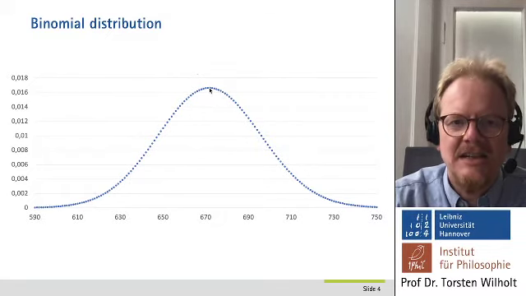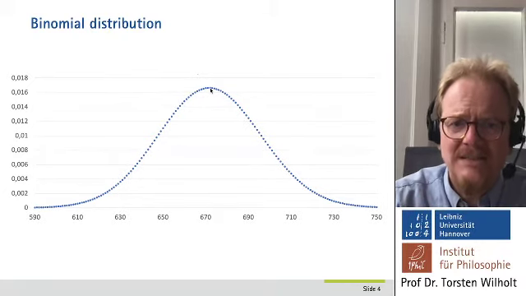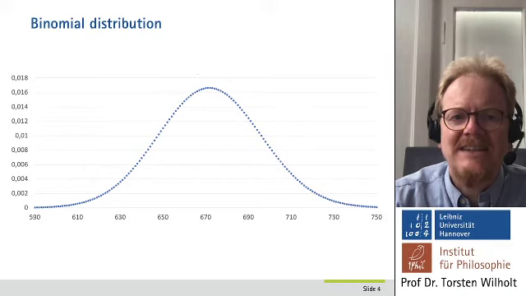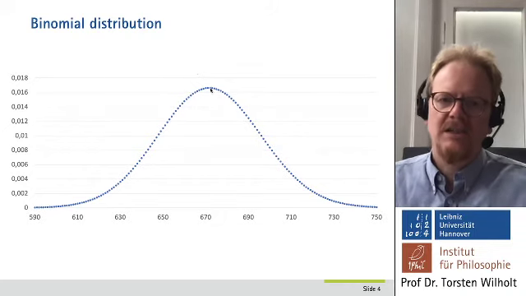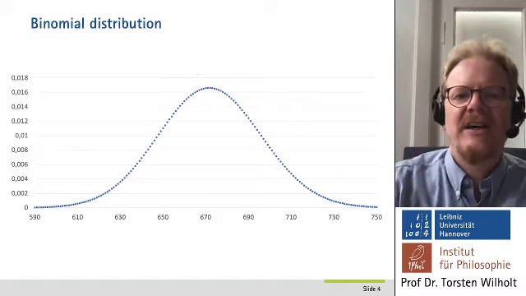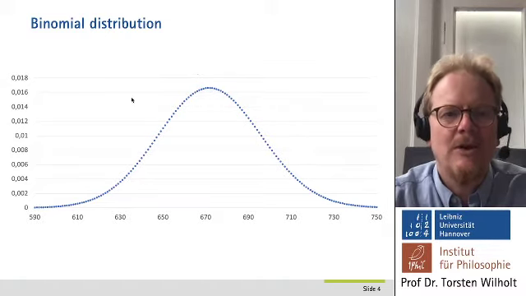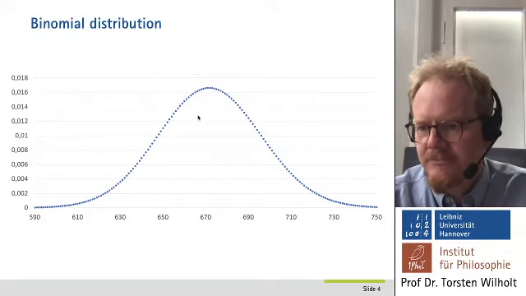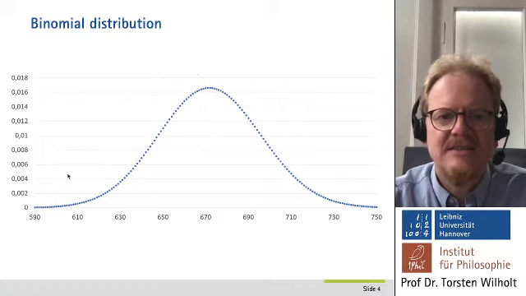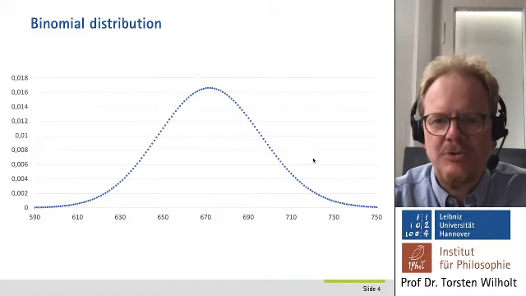And here in the center, we have the probability of getting exactly 672. You can see that it is the largest probability, though it is not very large. So this thing here is called the binomial distribution.